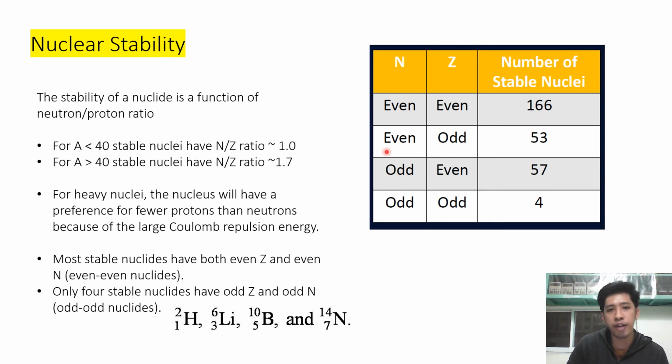If you have even N and odd Z, you have 53 stable nuclei. For odd N and even Z, you have 57, and for odd-odd there are only 4 stable nuclei. You can see these stable nuclei in the black tiles of your Segre chart.